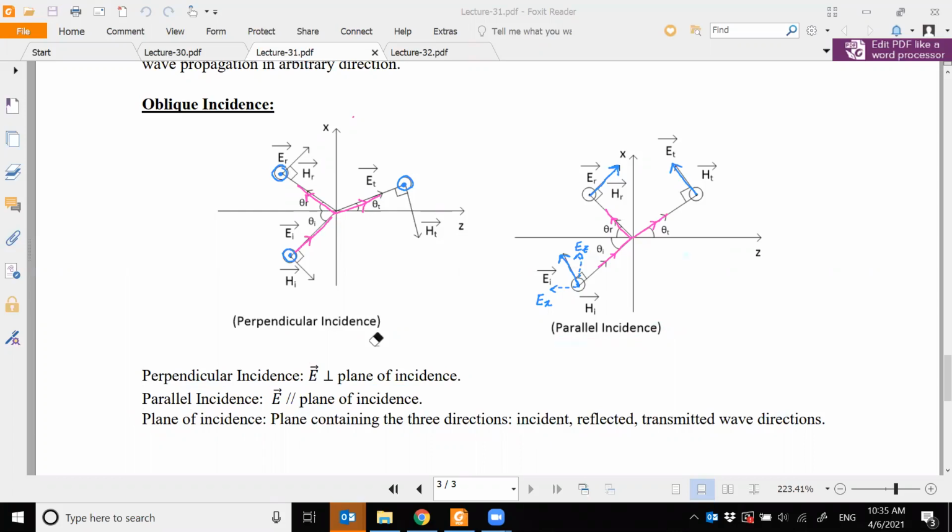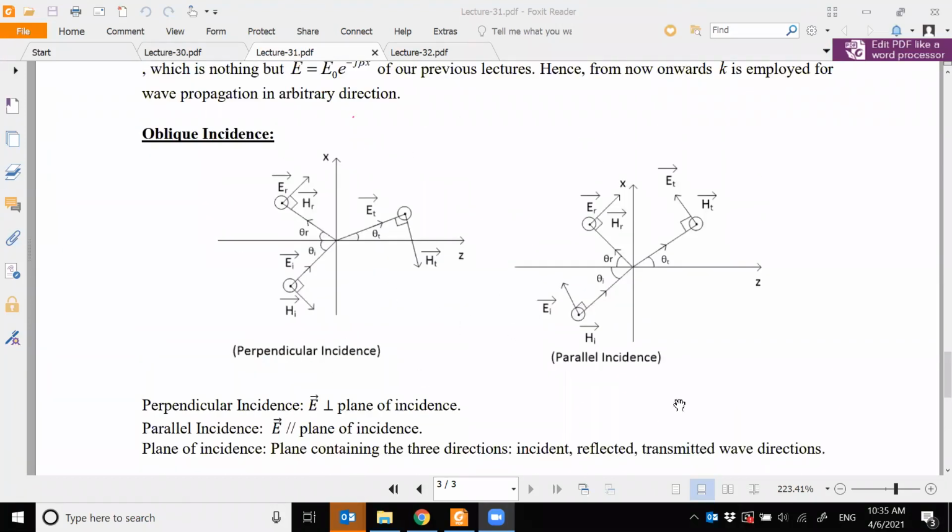Now, why do we have only two types of incidence, perpendicular incidence and parallel incidence? Or why did we divide into these two types? Very straightforward to answer. Can anybody think of it? Why do we have only this perpendicular and parallel incidence?